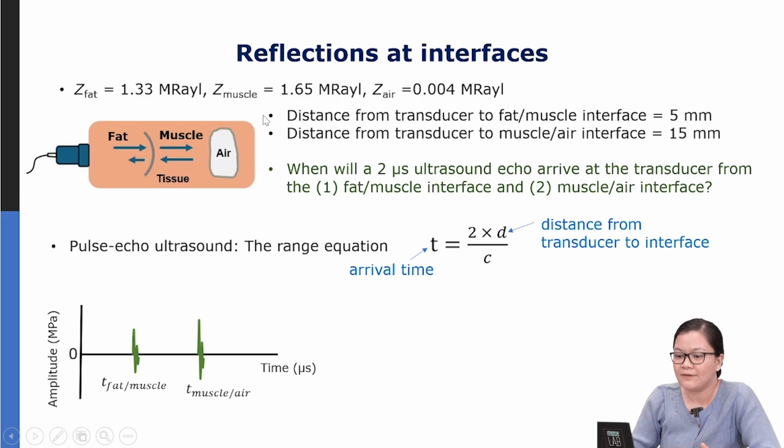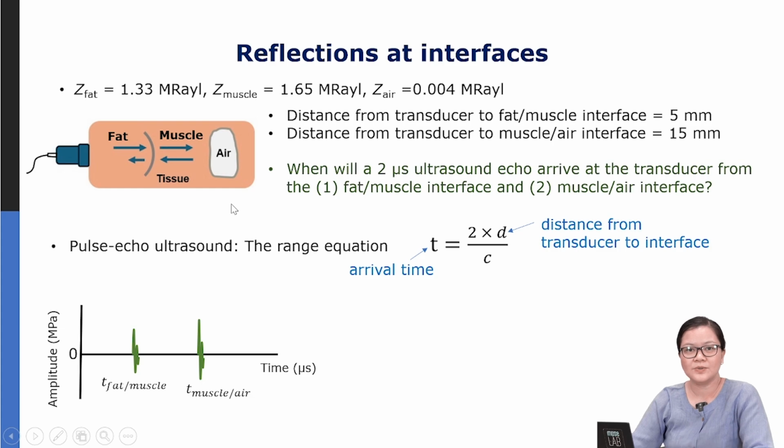We also have a scenario where the distance from the transducer to the muscle-fat interface is 5 millimeters. Let's say that the distance from the transducer to the muscle-air interface is 15 millimeters. Now we want to find when a 2 microsecond ultrasound echo will arrive at the transducer from the fat-muscle interface or the muscle-air interface.